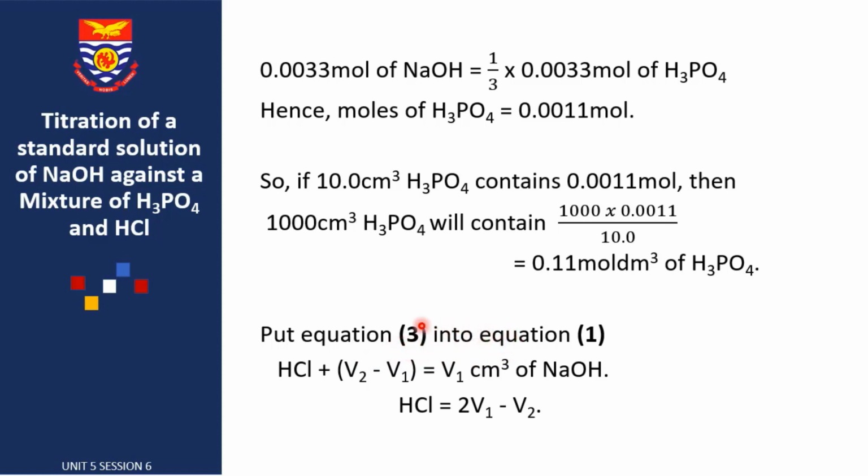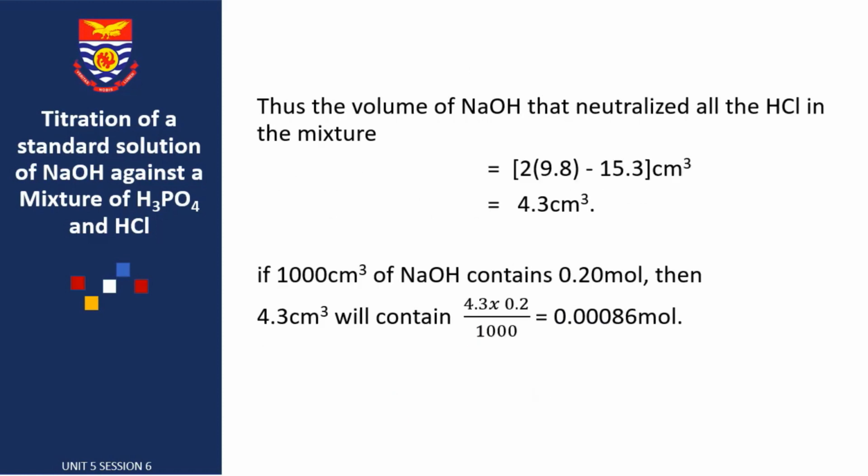When we do that and work it out, we have 2V1 minus V2. So this is the volume of the base that completely neutralized the acid. We can put in the values of V1 and V2, and that gives us 4.3. So this 4.3 is the volume of the sodium hydroxide that completely neutralized the acid.